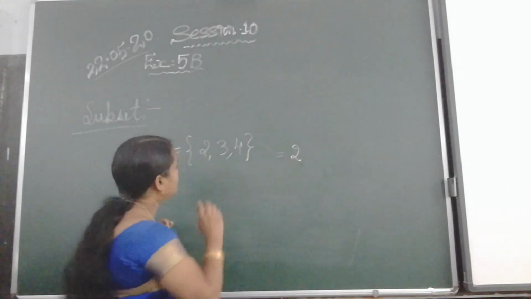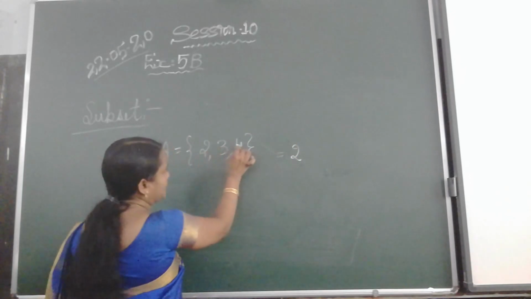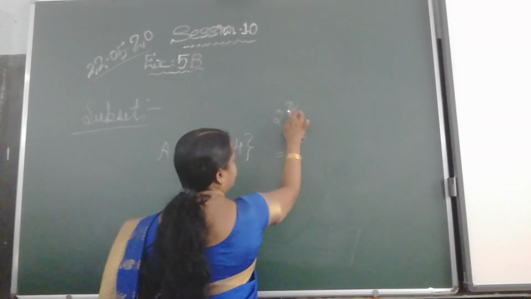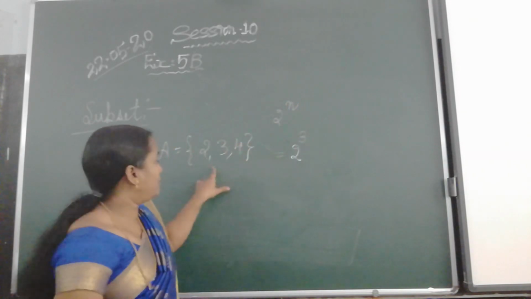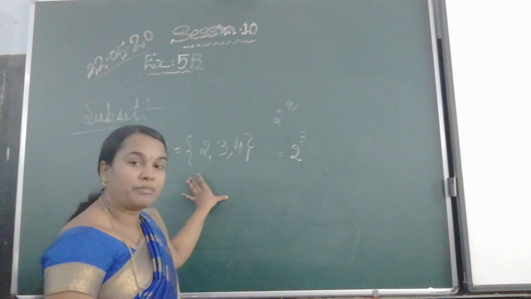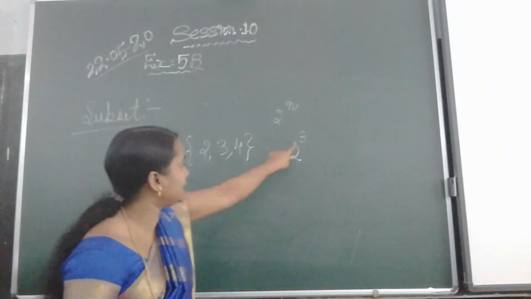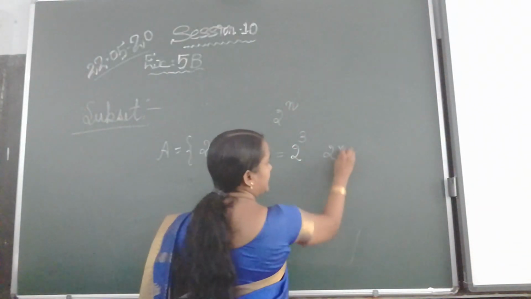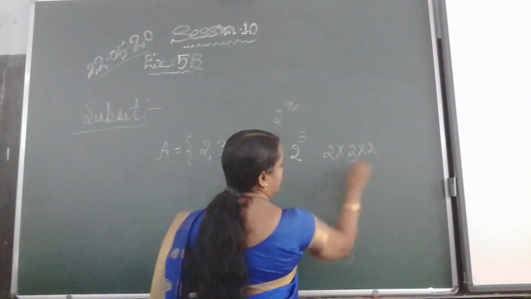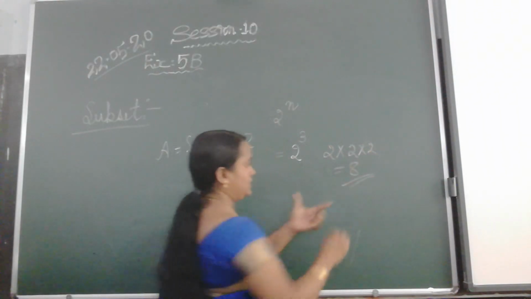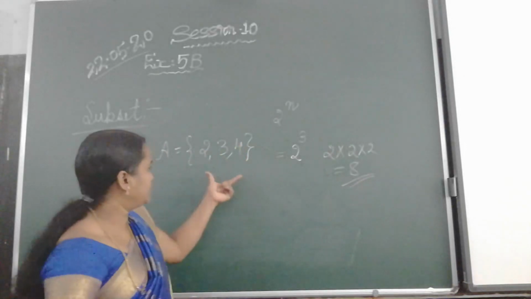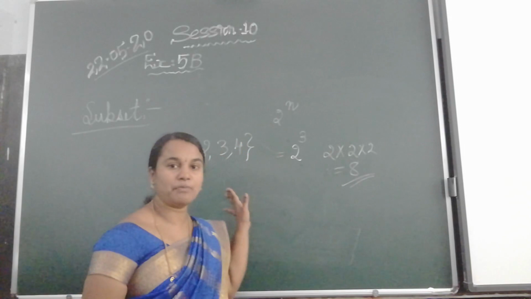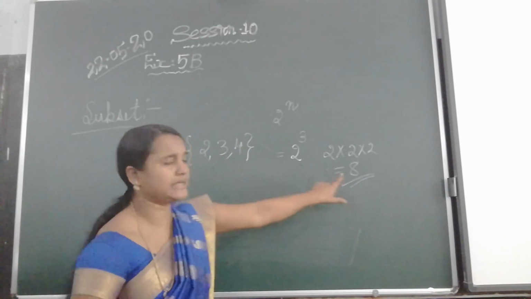How many elements are there? 1, 2, 3. So the formula is 2^n, where n is the number of elements in the set. Here 3 elements are there. That means 2 multiplied 3 times, that means 8. The number of subsets is 8.